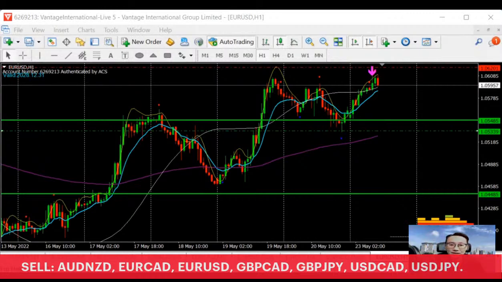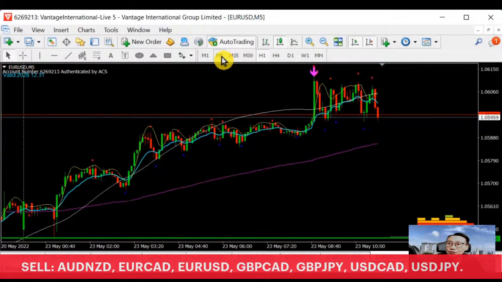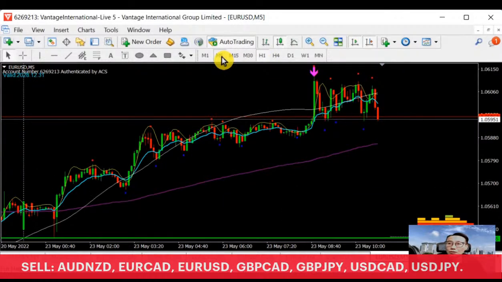Right, so now let's take a look right here. Euro dollar. Wow, euro dollar. Pay attention to euro dollar. 我们来看一下欧美。Euro dollar over here looks pretty fine.